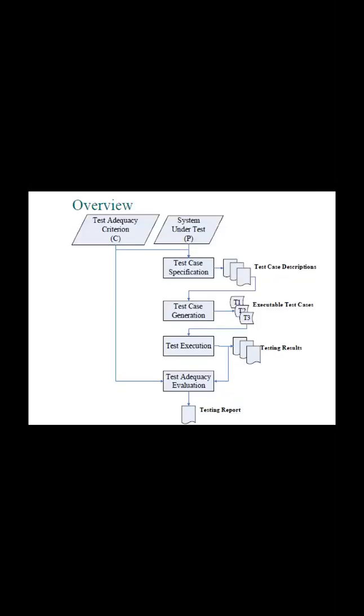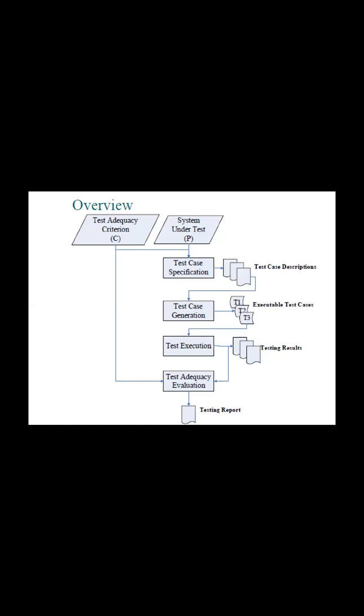From this diagram, you can easily understand. We will take the test adequacy criteria. Based on the criteria, we will go for a system under test. We'll create the test case specifications for the given set of codes. The specification will be taken into consideration.